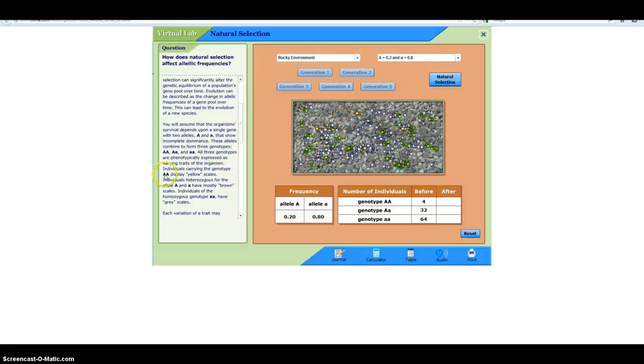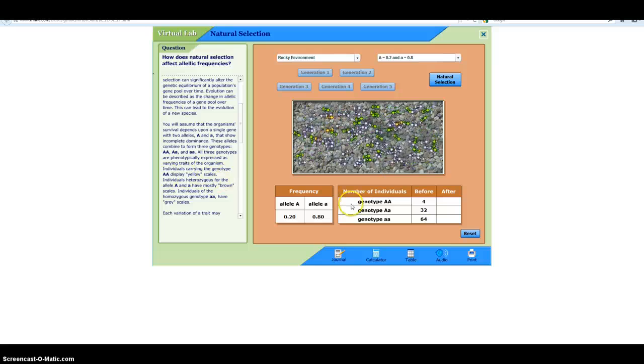Okay, we have AA, which is yellow, and then we have a small a, which is brown, and then we have AA, which is gray. So the brown, actually, I don't know. We got a mistake here because we got green. It's green. So I would say AA is green.